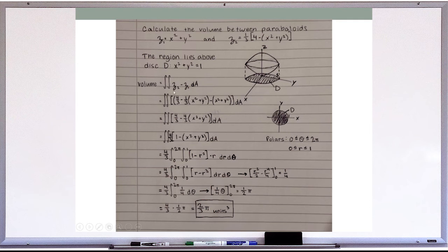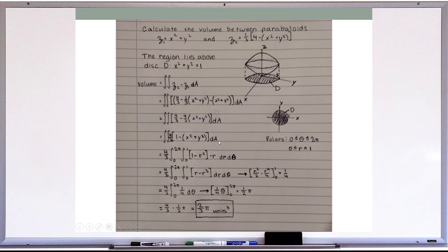Now we simply plug in the equations into the variables and simplify. Going down here, we get the double integral of 4 over 3 times 1 minus x squared plus y squared dA.